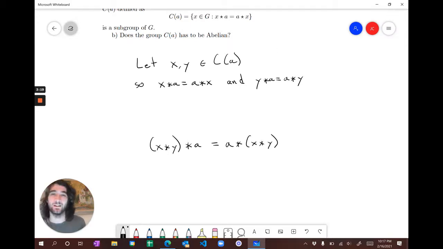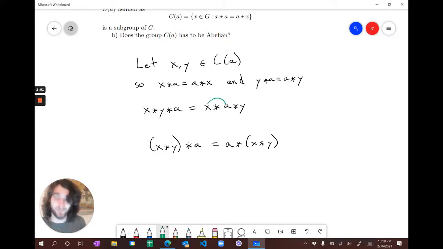And it's not so hard if you know that X and Y both commute with A. Check it out. The way that I like to do it is, we're in an associative group here, so parentheses don't matter. You can just write things out. Well, boom. Y is in the centralizer, so I can just swap those two and call this X star A star Y. And then same deal.